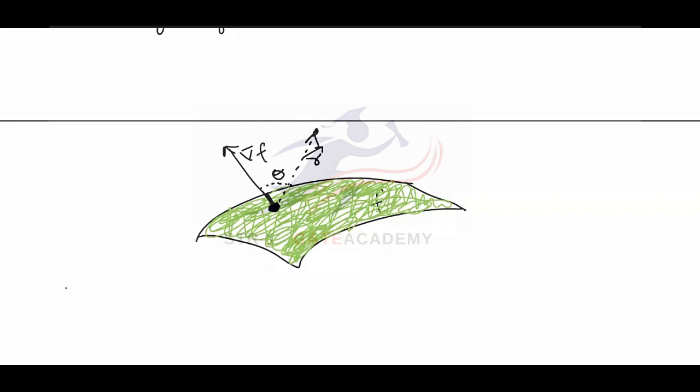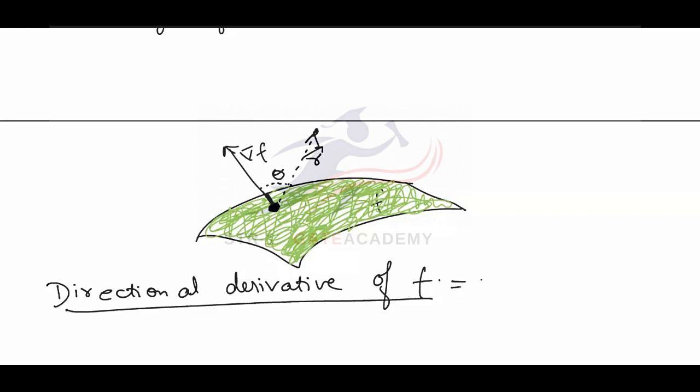So the directional derivative, normally called DD, of f is equal to grad of f dot product with the r vector. Clear? We'll understand this with a couple of examples.